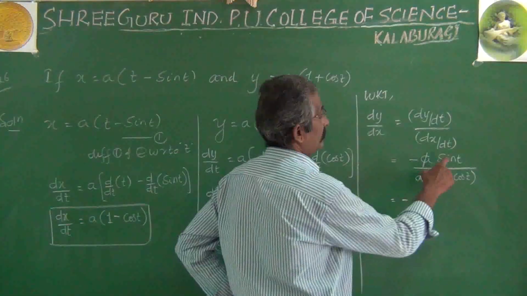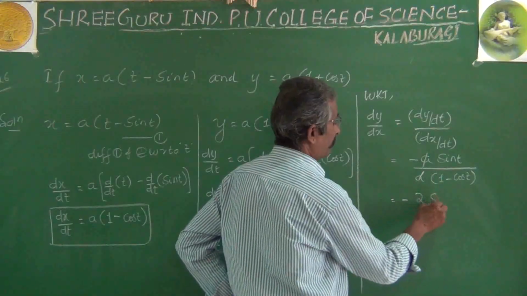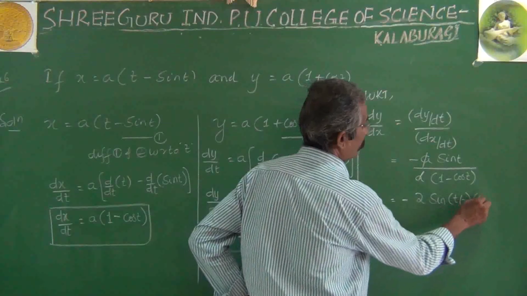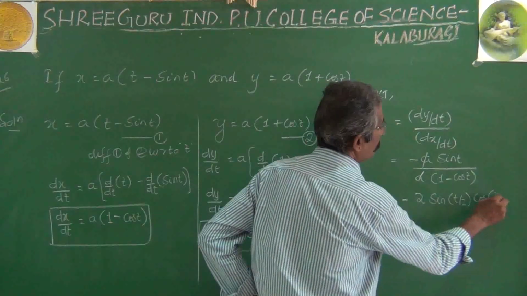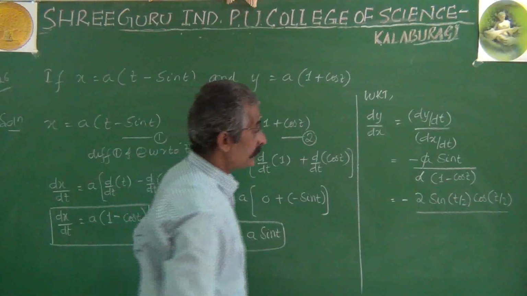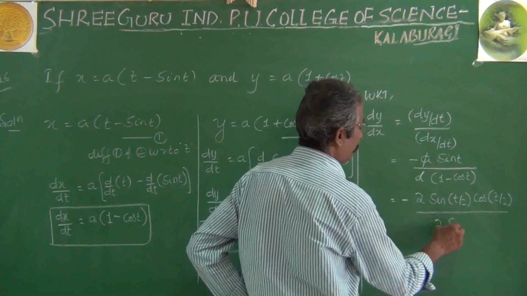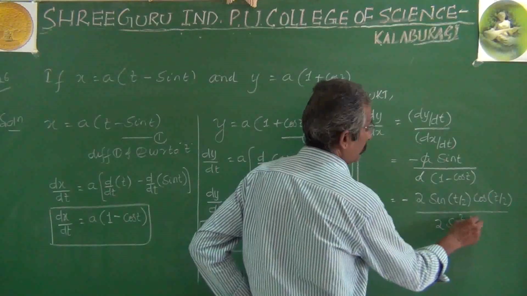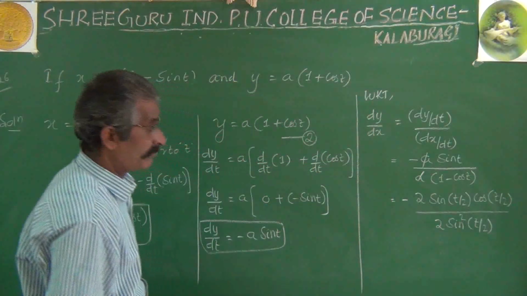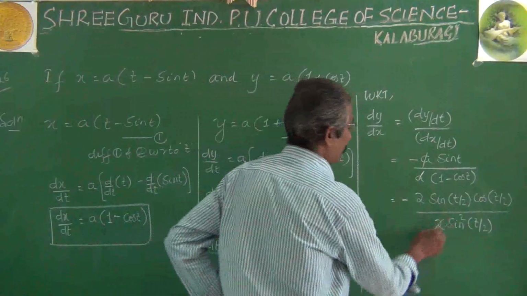Let's continue. Sin t formula is 2 sin t by 2 into cos t by 2, divided by 1 minus cos t formula, 2 sin square t by 2. These are well known half angle formulas from trigonometry. 2 will cancel out.